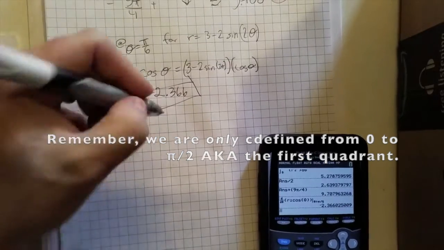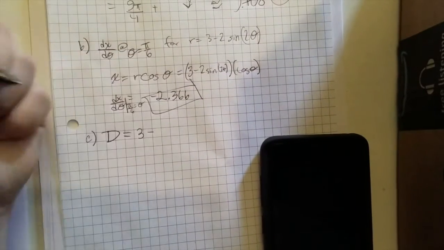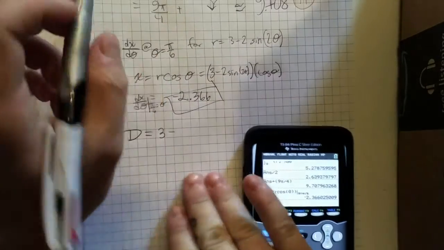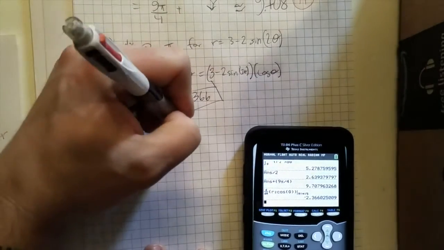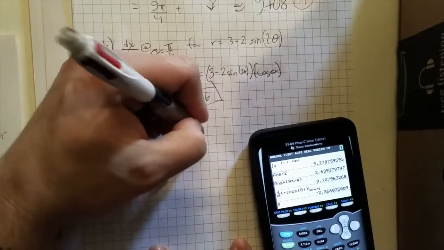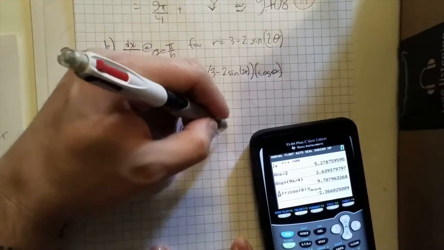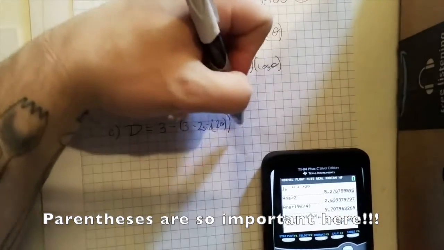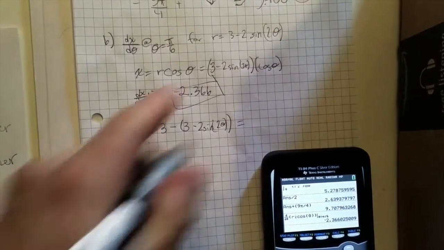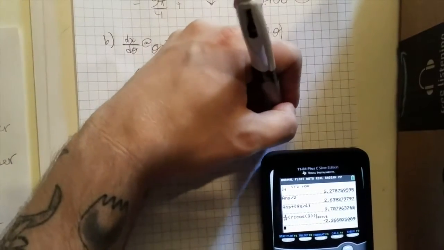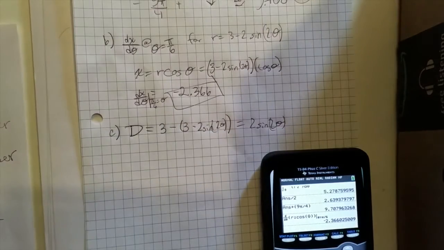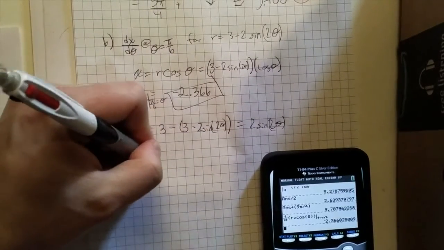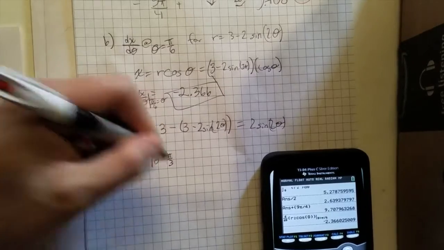So from there, we can represent that as 3 minus (3 minus 2 sine 2 theta). All right, when we simplify that out, that becomes 2 sine 2 theta. And we're looking for the derivative with respect to theta when theta is pi over 3.